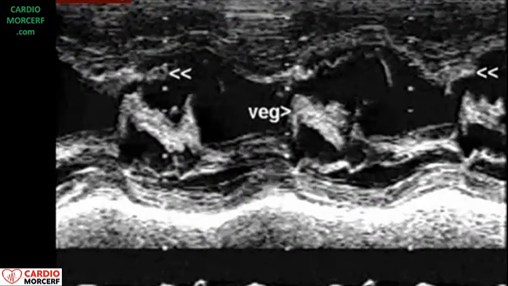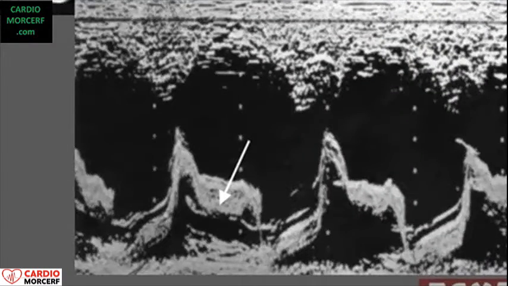Here is an example: infective endocarditis in the mitral valve and in the septal wall, probably in a false tendon. Look at the characteristic findings here at the valve. Notice that there are no lines here or in there. Instead of lines, there is a smudge.